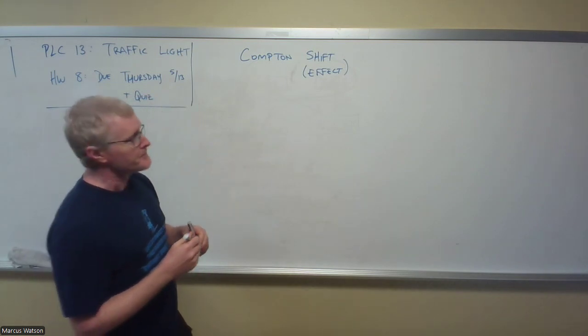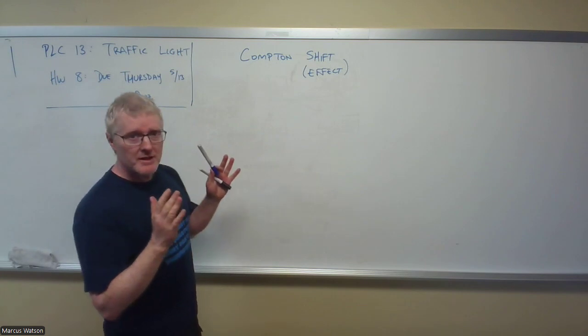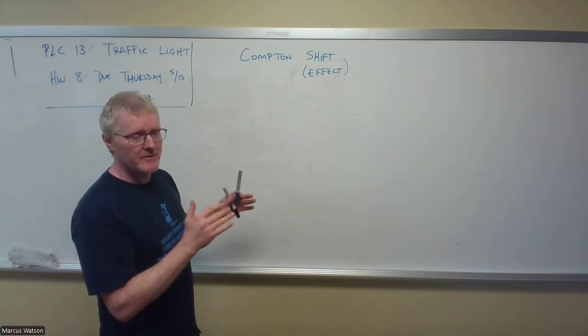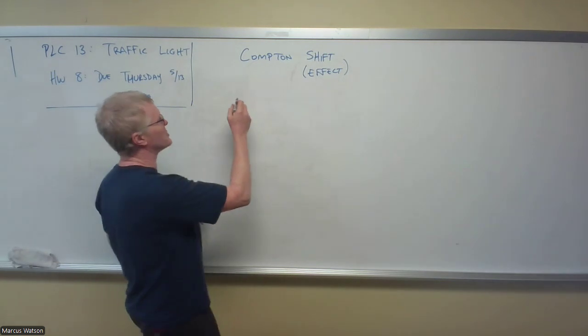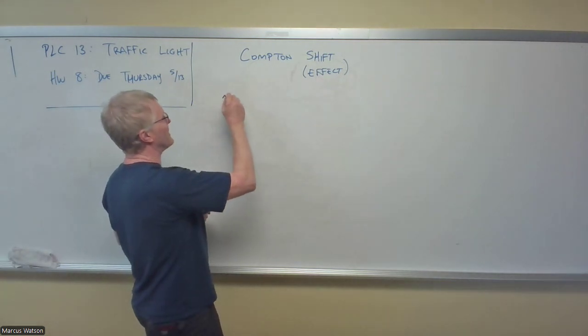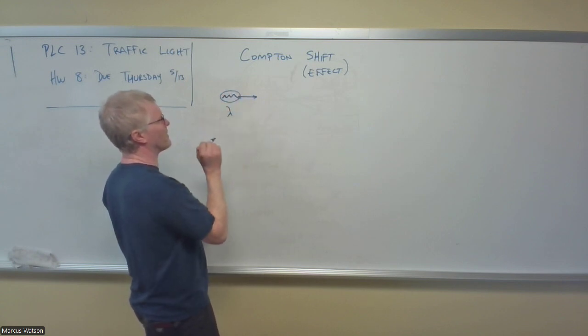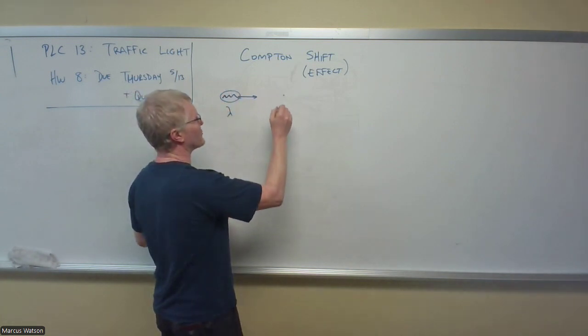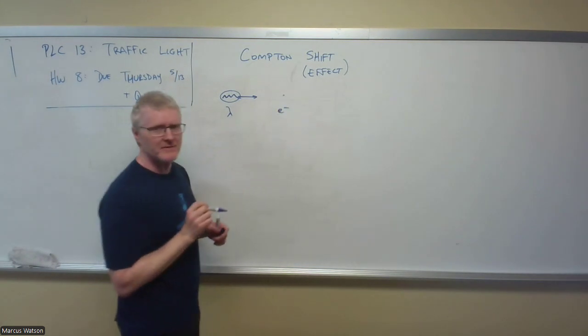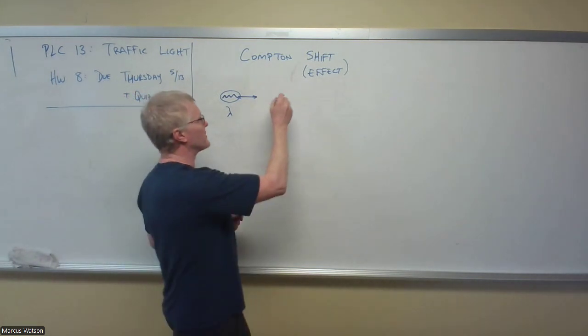Both objects scatter away at different angles. And using conservation of momentum and conservation of energy, we came up with the Compton shift formula, in which we consider a photon coming in with a particular wavelength and striking a relatively stationary electron. I'll make the electron larger here.